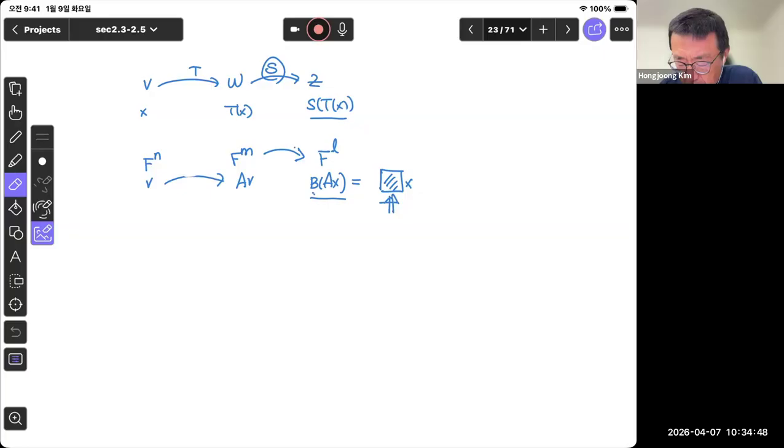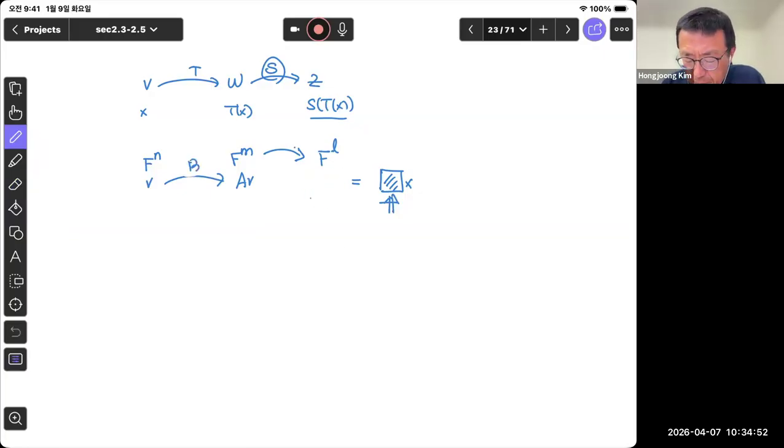Here is mapping B, and if this is represented by A, then we get A times B times X. That's what we want to represent, and we want to represent it as a single matrix C.